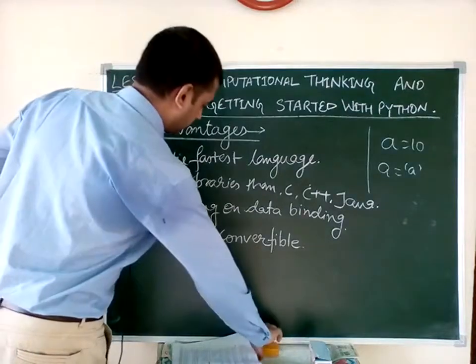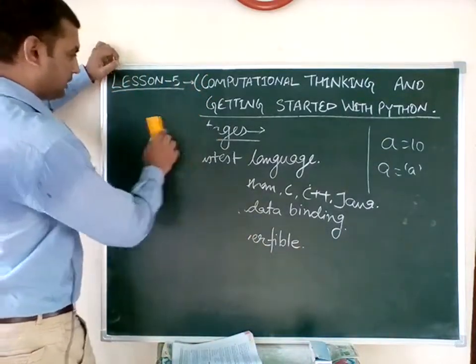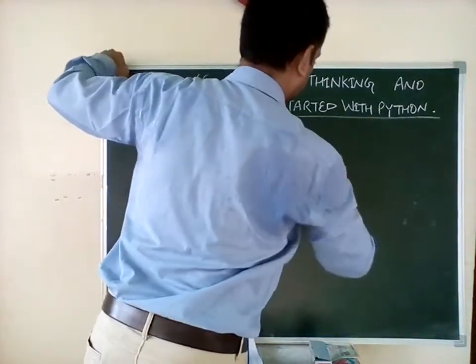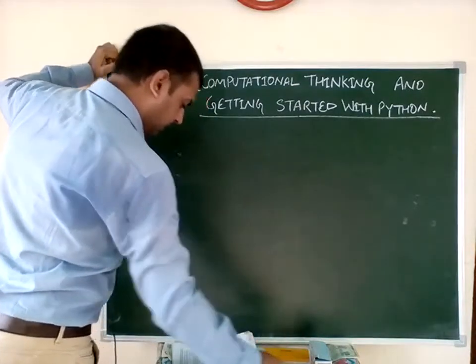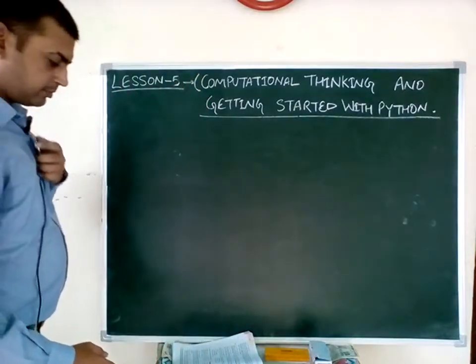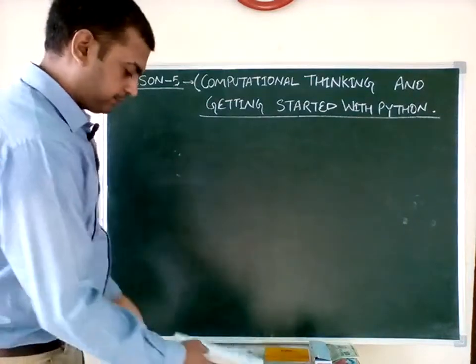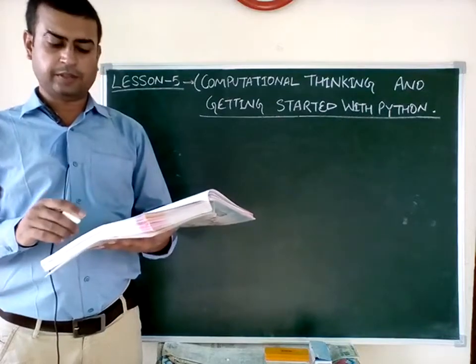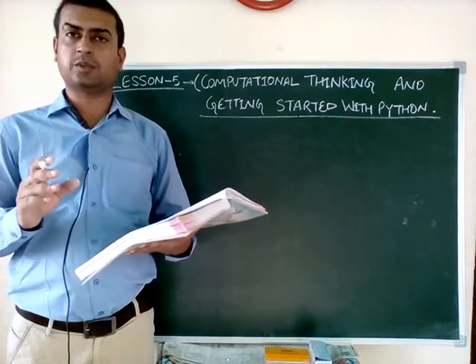Now how will we work with Python? After this long discussion, I have discussed all the advantages and disadvantages, and also how you will think before programming. So in this, how will you work with Python? First thing, you have to install the Python 3.7 version on your computer.